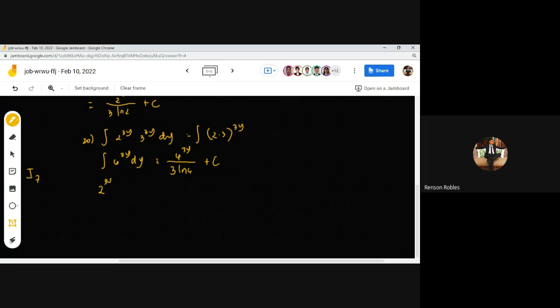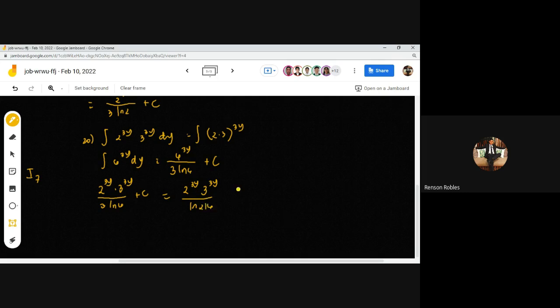That's 2 raised to 3y, 3 raised to 3y, all over 3 ln of 6. And again, by laws of exponent or laws of logarithmic function, you can still write this of the form 2 raised to 3y, 3 raised to 3y, all over ln 6 cubed. That's around 216.